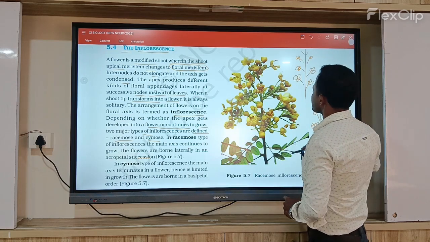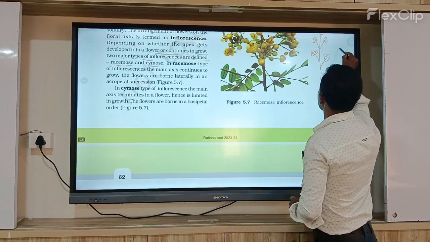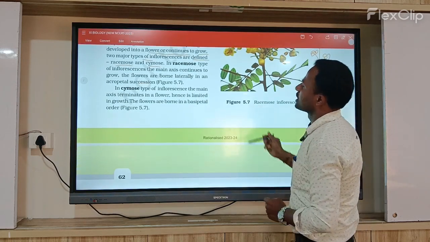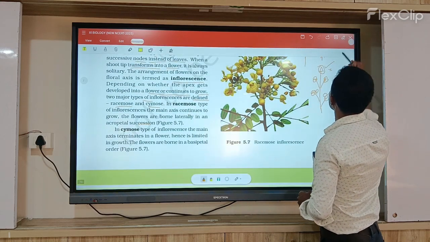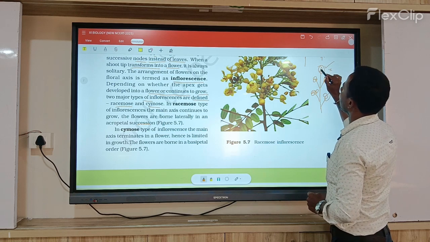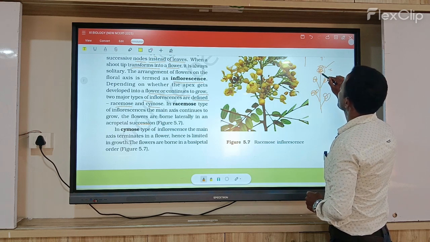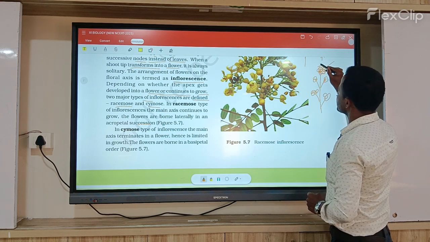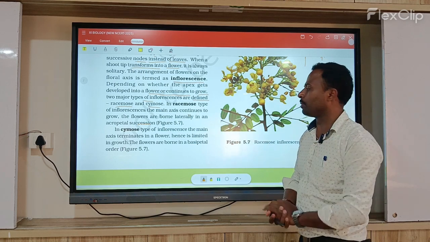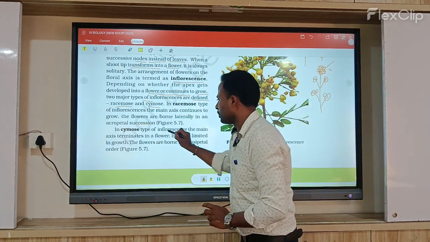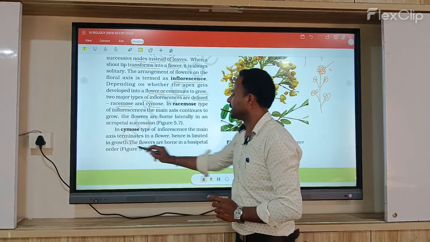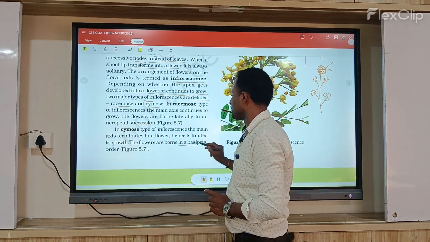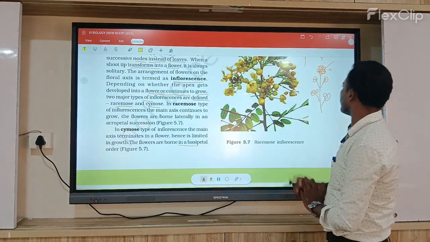Next, the second one is the cymose type of inflorescence. In the cymose type, the main axis terminates in a flower. So when the terminal part of the main axis bears a flower, the growth is limited, and the flowers are borne in a basipetal manner or basipetal order.